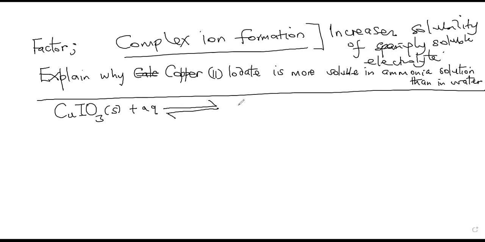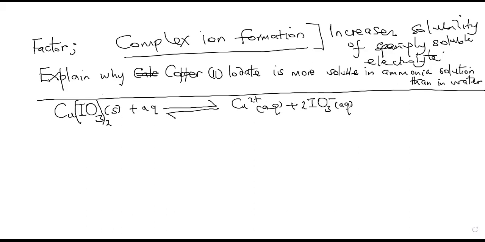Here you will establish equilibrium to form copper 2 ions, aqueous, and iodate ions. Actually, copper 2 iodate, because iodate has valency 1, so here we have a 2, so that you form 2 iodate ions. Now, what does it mean?